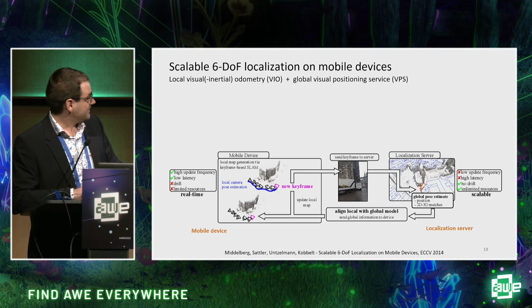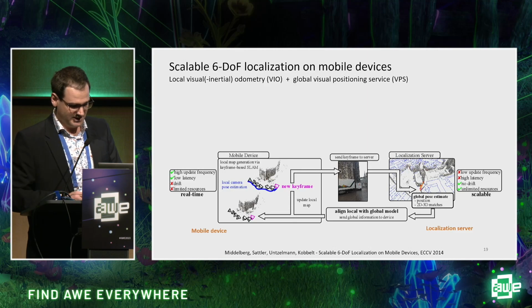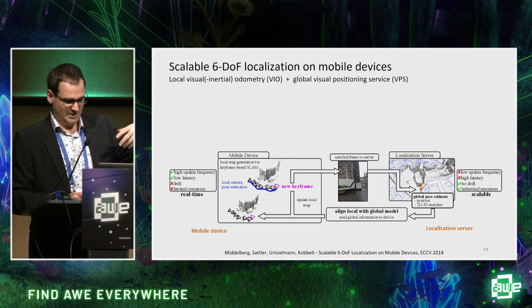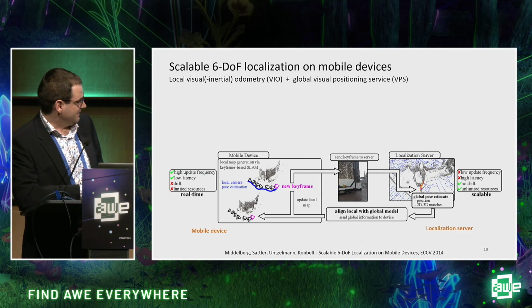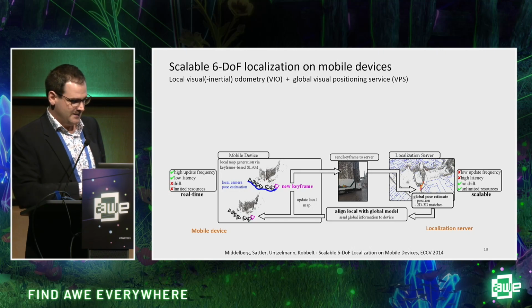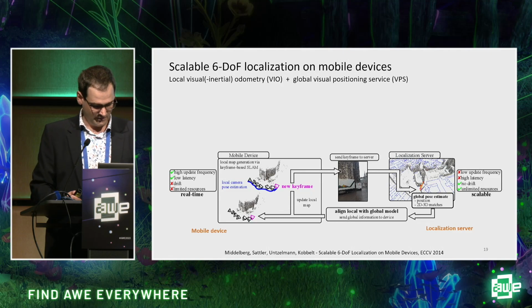This registers the keyframe with the point cloud map, and because the point cloud is registered with the world, we can describe how the camera is located in the real world. So we can send that back, and with the help of this transformation, we can align the local map of the mobile device with the world.